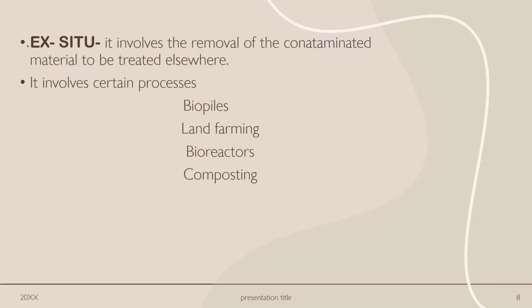Now this process involves the processing of contaminated solid materials like soil, sediment, sludge or the water through an engineered containment system. The last process involved in ex situ type of bioremediation is composting. Composting is nature's process of recycling decomposed organic material into a rich soil, and that is known as the compost.